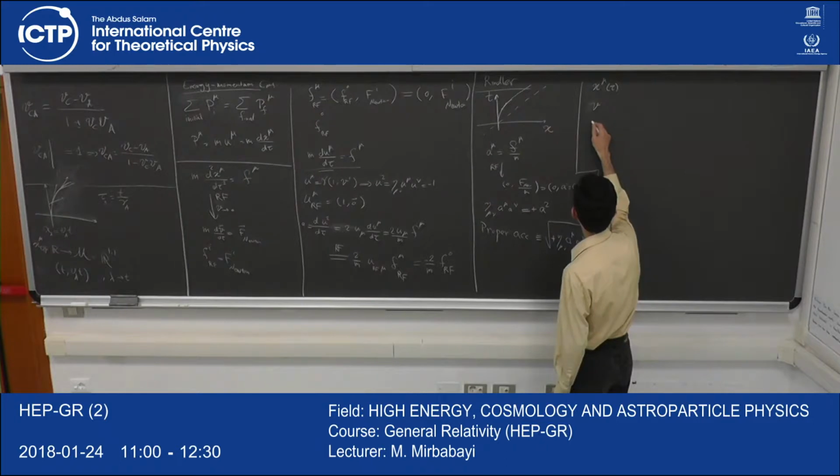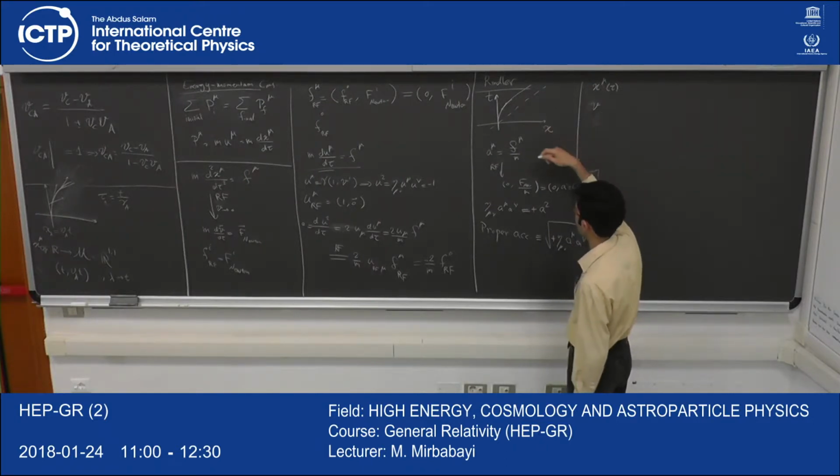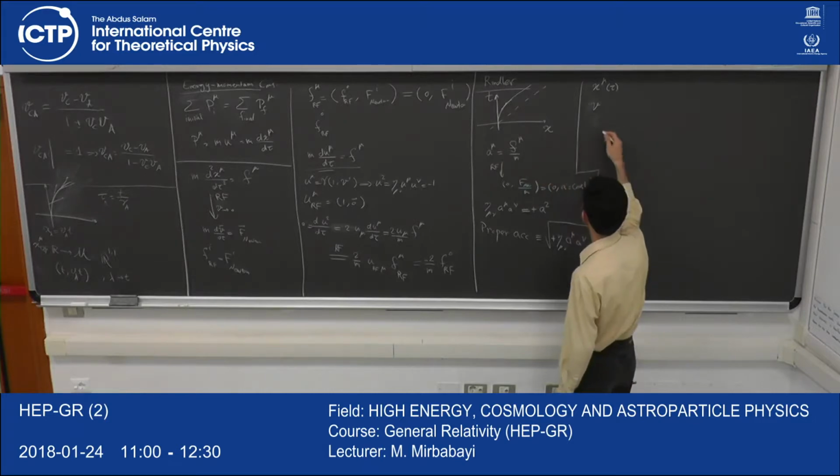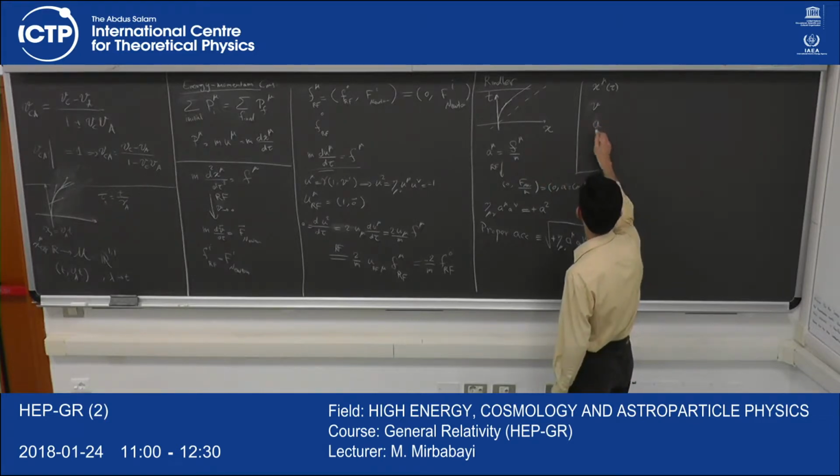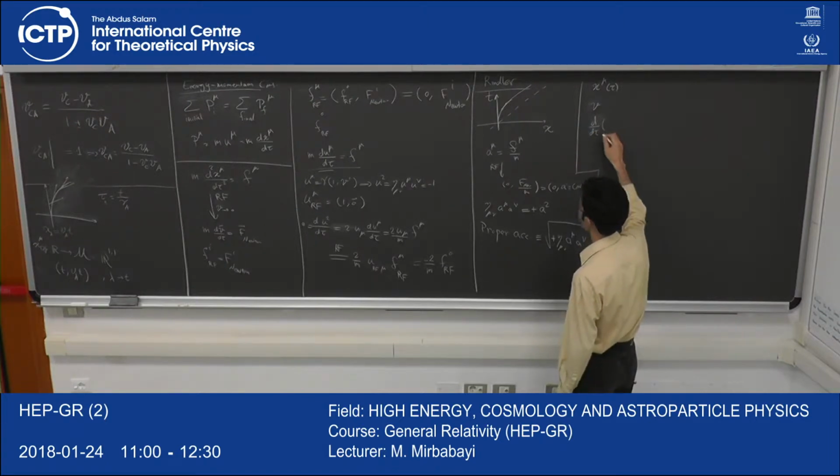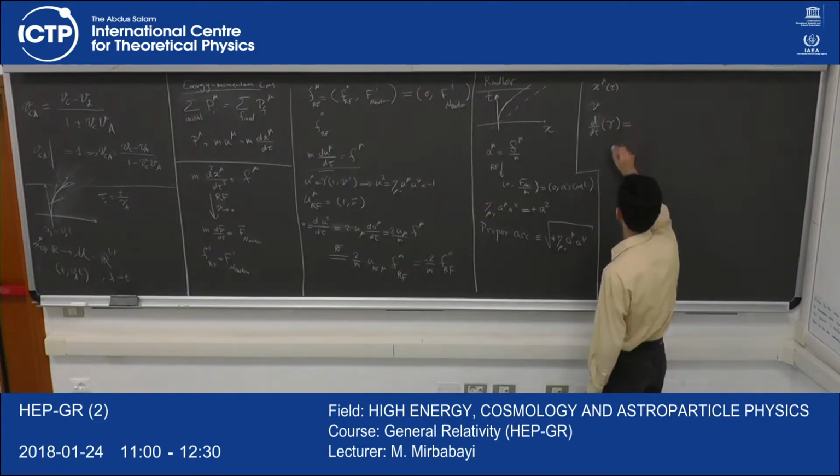So let's talk about a mu, which is just f mu divided by m. So a0, which is d by d tau of u0, and u0 we know is gamma, is equal to a0.